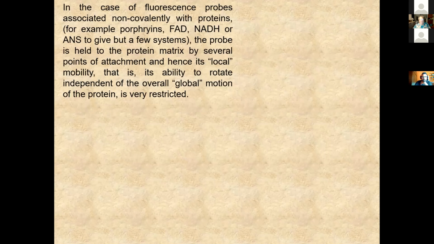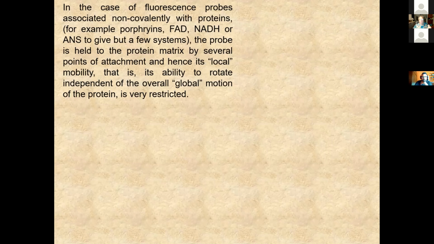Now, consider the case of molecules associated with proteins, for example, non-covalently associated ones like porphyrins, FAD, NADH, ANS; we'll give other examples later. If the probe is bound with any appreciable free energy of binding, it has to be held to the protein matrix by several points of attachment.